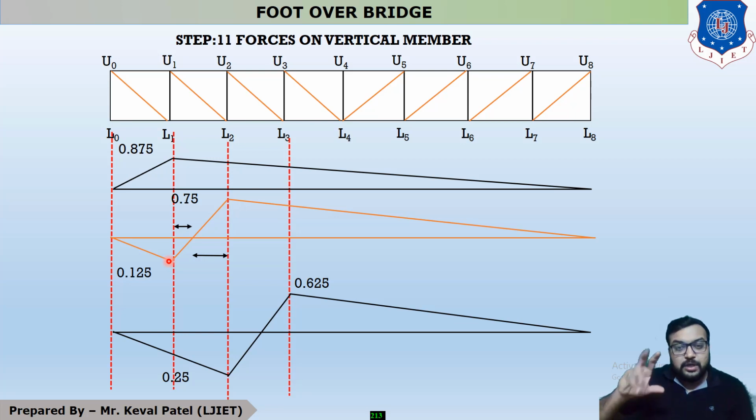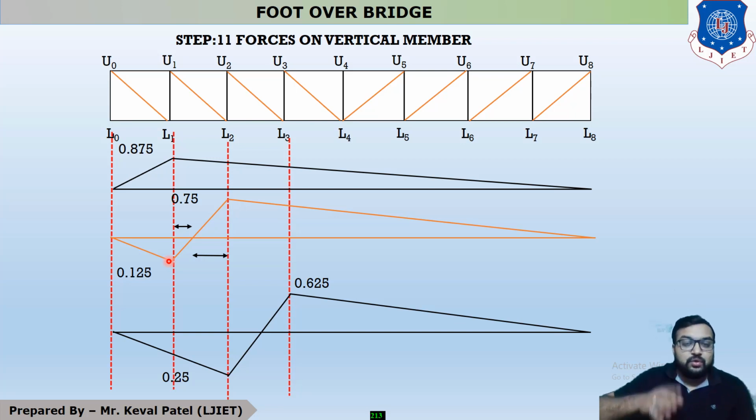So first of all, you have to find out compression area and tension area separately, and after that, you have to use the equation of forces, which is area of ILD into UDL.